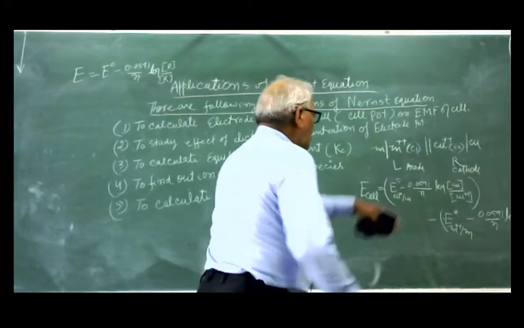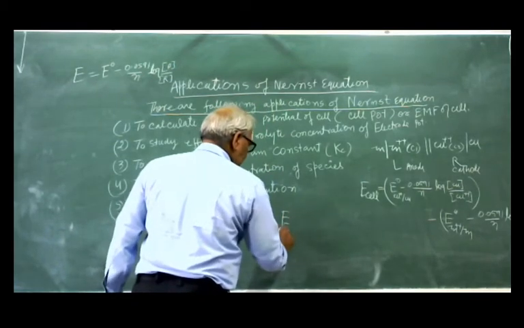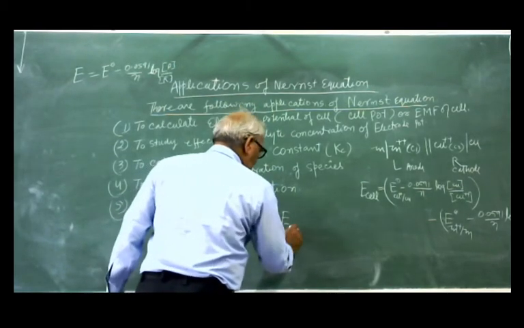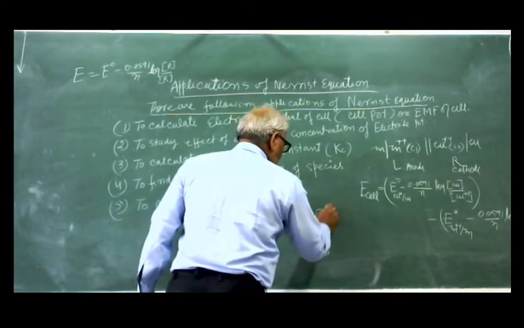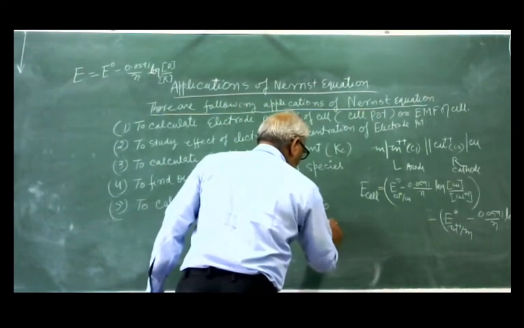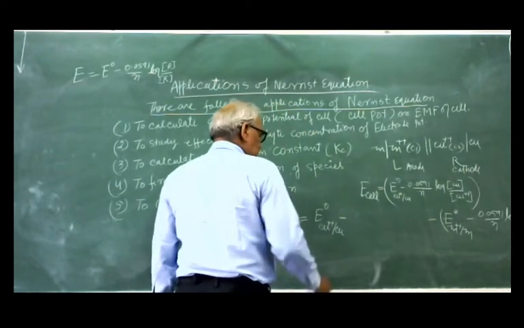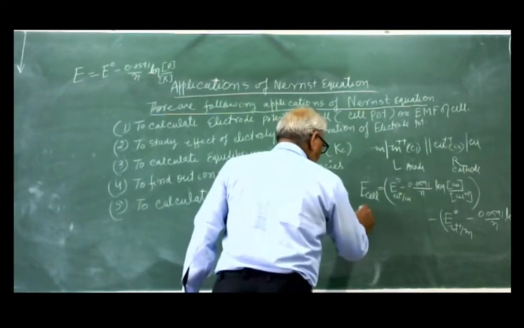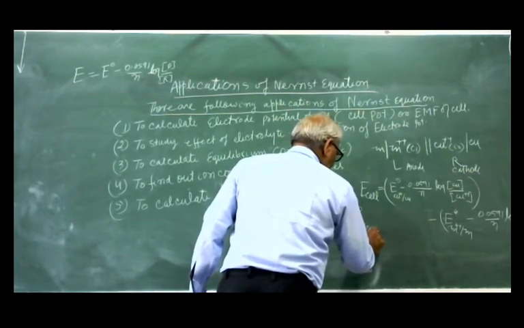So if you simplify it, you will get EMF of the cell is equal to E0 of copper ion to copper minus E0 of zinc ion to zinc.